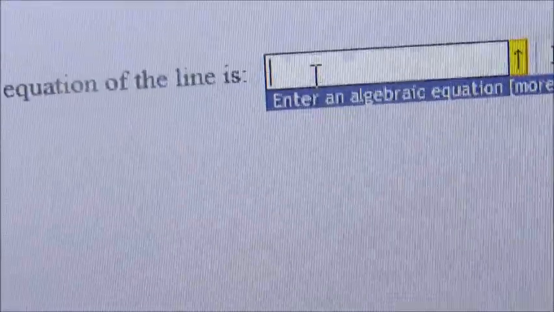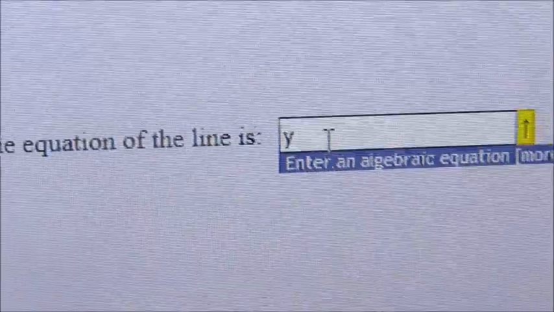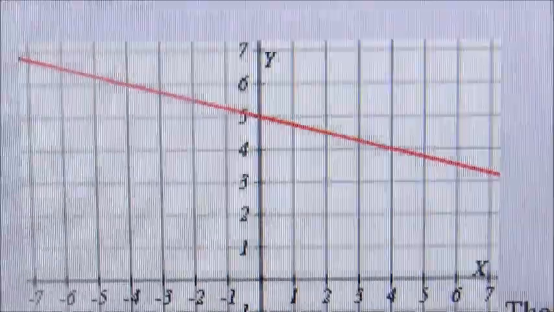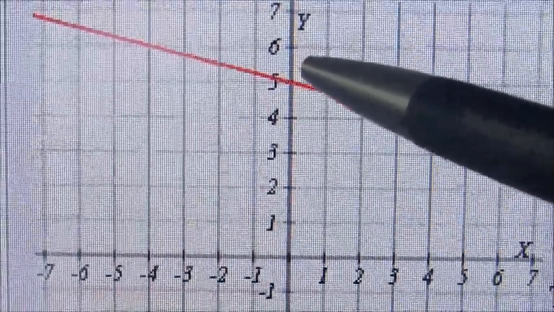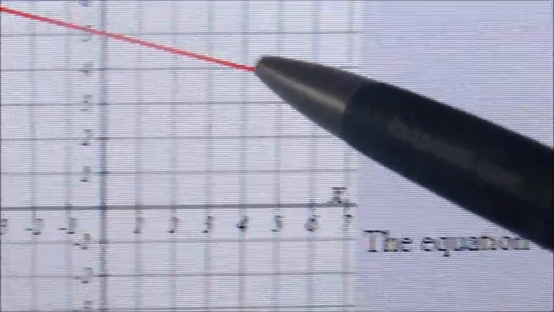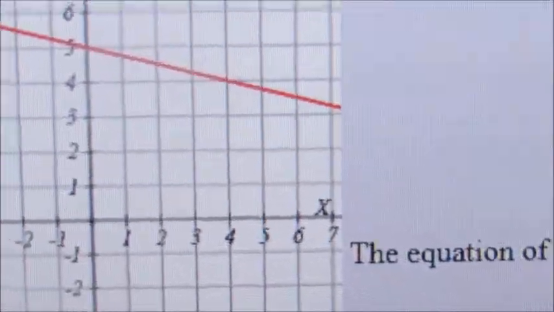So we're going to have to put, I'm just going to put the beginning of it first, y equals, and now we have to find what the slope is. So the 2 points that I'm going to look at are here at 0, 5, and then I'm going to go all the way to this one because it's where it actually hits the crosshair. Notice on all these before, it doesn't.